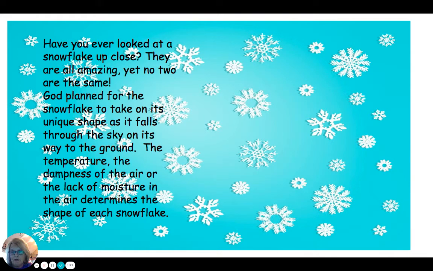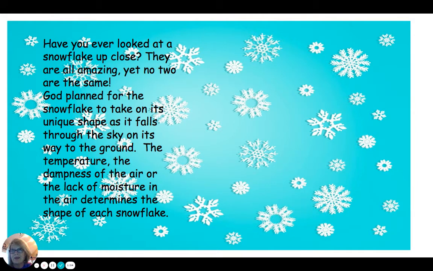The temperature, the dampness of the air, or the lack of moisture in the air determines the shape of each snowflake. Now, I know as you get older, you're going to learn all about how snowflakes are formed, but that little snowflake starts its journey way, way, way high up in the sky. And as it falls, its unique shape and form develops.